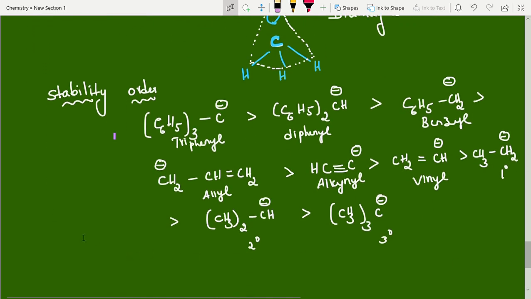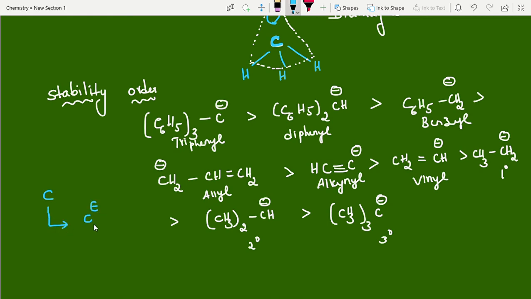Okay, now students, catch one more point. Carbon in the neutral condition is stable. If it has negative charge, is it stable? No. Now try to understand the key point. Carbon having negative charge, is it stable?